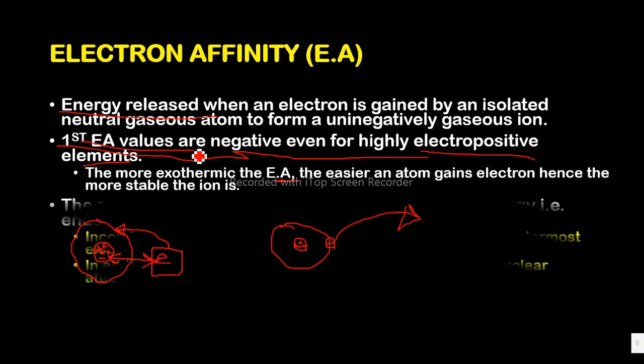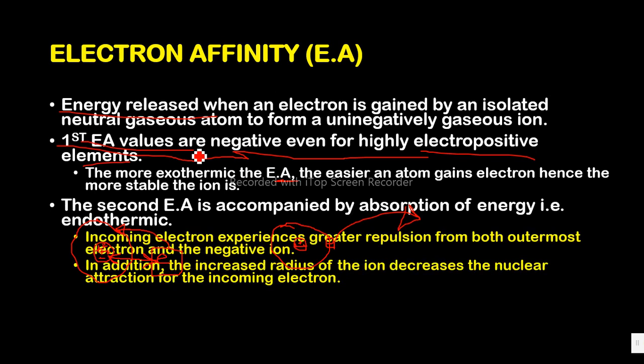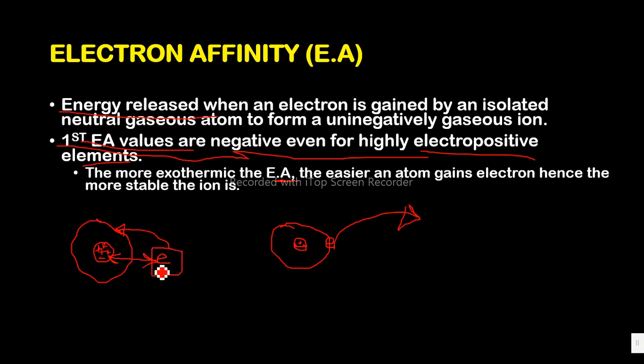But the rest, the second, third, fourth, fifth, sixth, seventh, are positive. Why are they positive? After adding the first electron, if you are going to add the second, the incoming electron is going to receive a high force of repulsion.